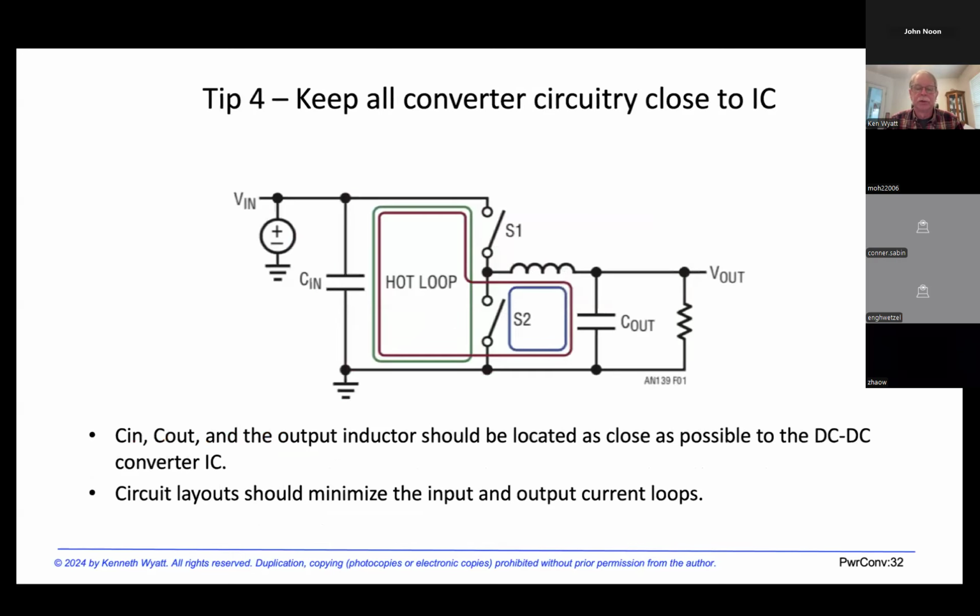Okay, so we think we've already covered this. So tip 4 is we want the input and output capacitors located as close as possible to the switch node itself, and that goes also for the switch inductor.